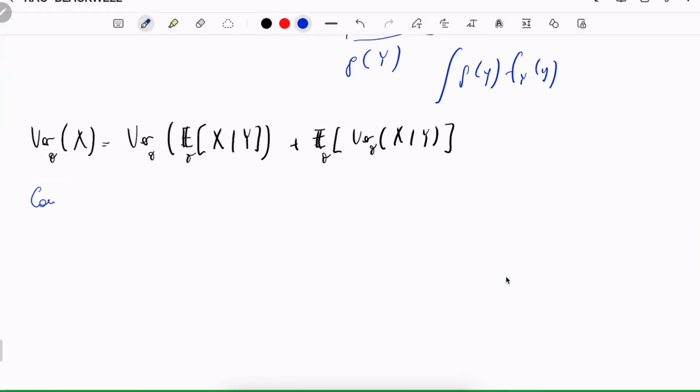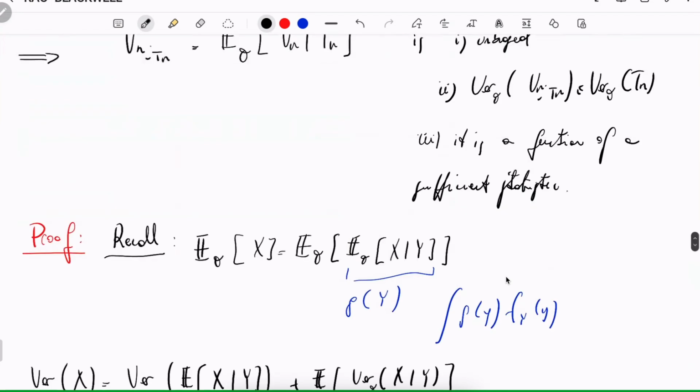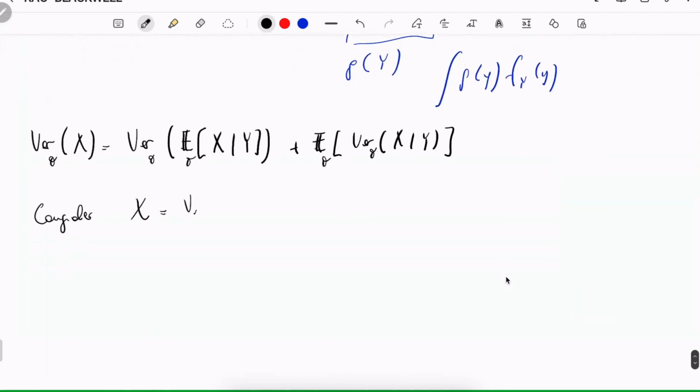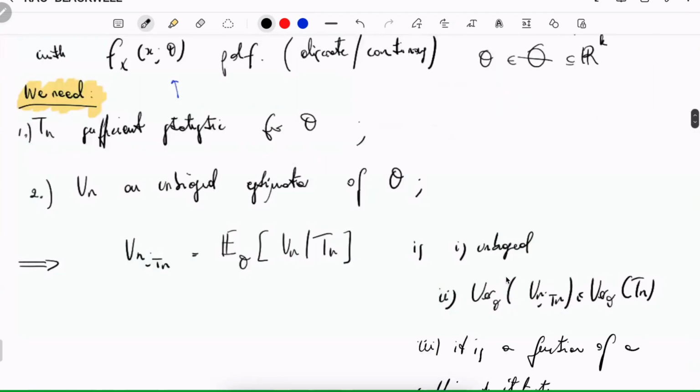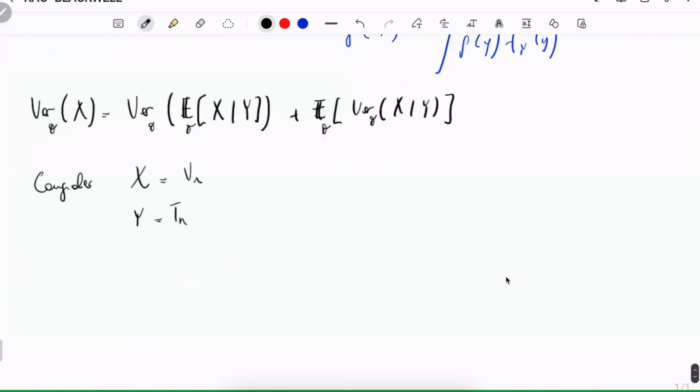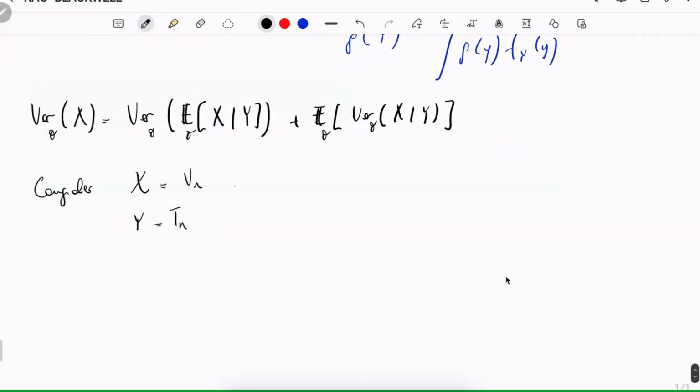Consider X equal to, obviously, Vn, and Y, Tn. At this point, let's first show 1, the unbiasedness. 1 follows from what?